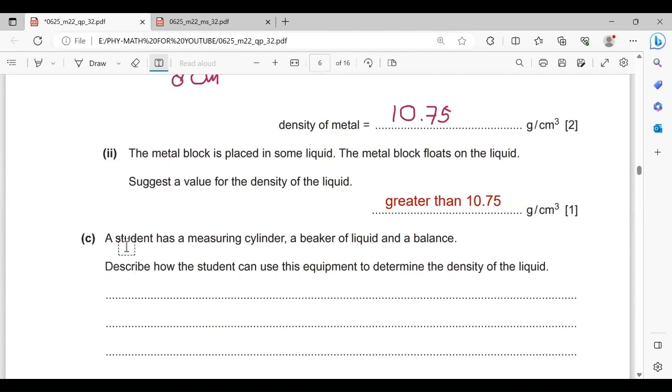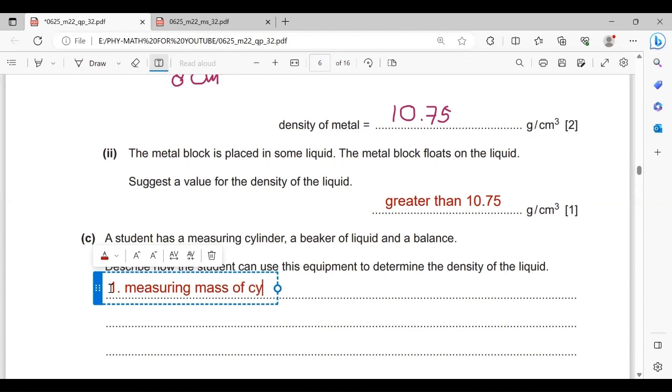Next, C. A student has a measuring cylinder, a beaker of liquid, and a balance. Describe how the student can use this equipment to determine the density of the liquid. Okay, so first, measuring the cylinder. We should measure the mass of the cylinder.